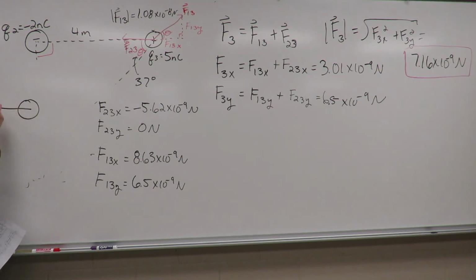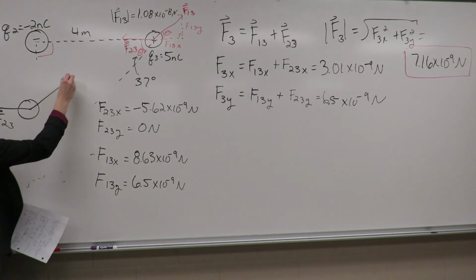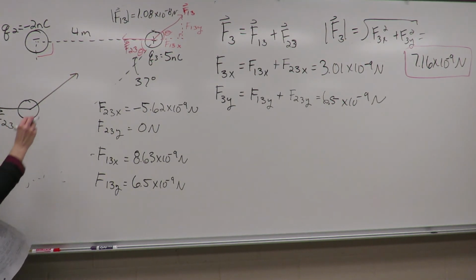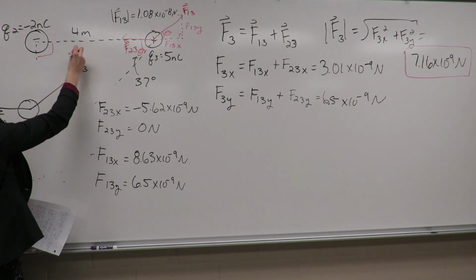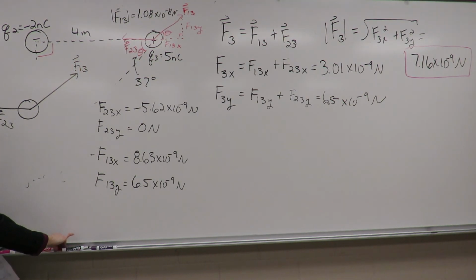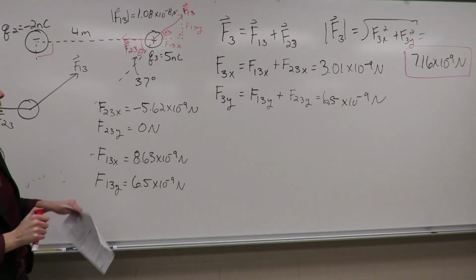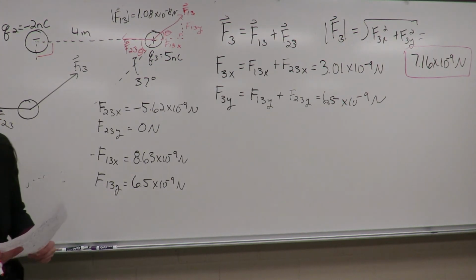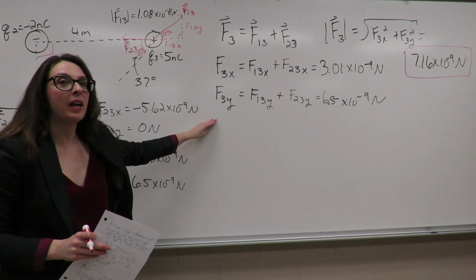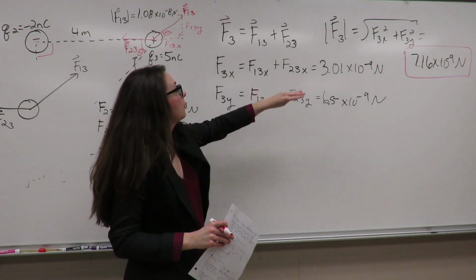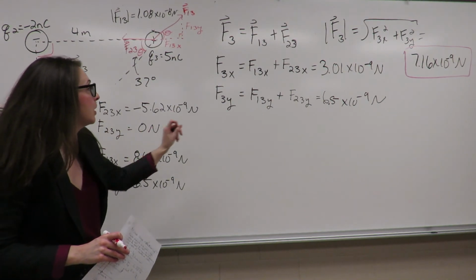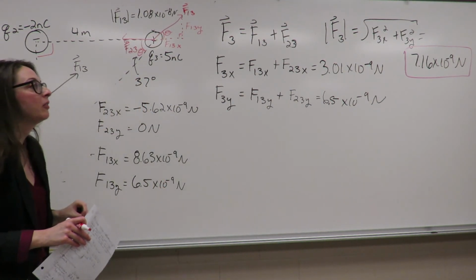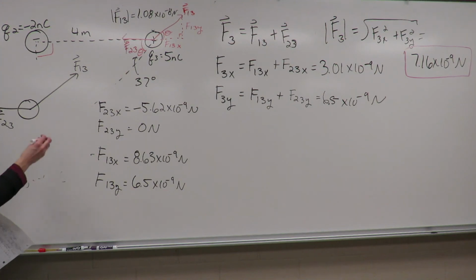On Q3, we've got F23 pointing off in the negative x direction. We've got F13 pointing off in this direction here. And now we've got our resultant vector, F3. And it has an x and a y component. It has an x component of 3 times 10 to the minus 9 newtons, and a y component of 6.5 times 10 to the minus 9 newtons.